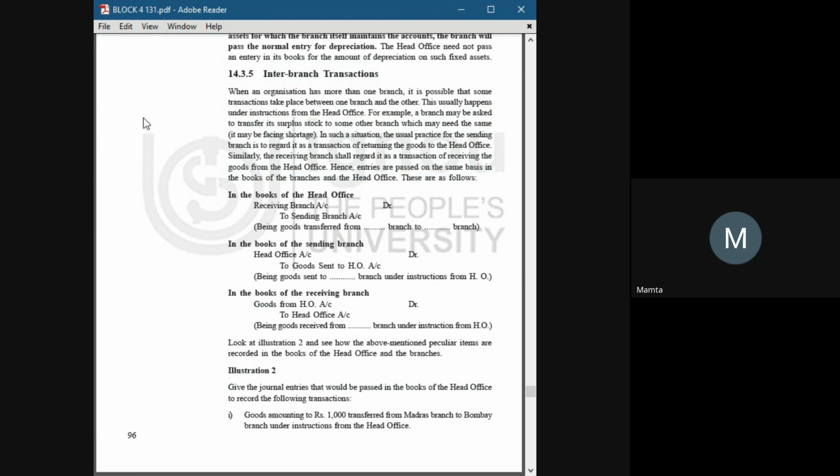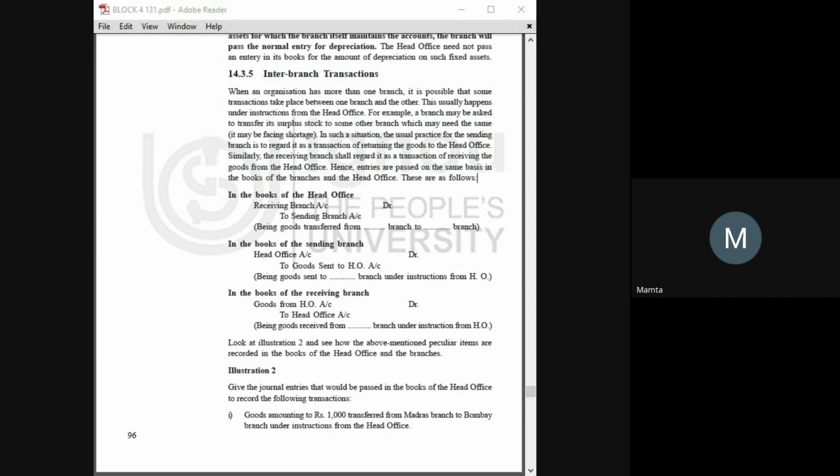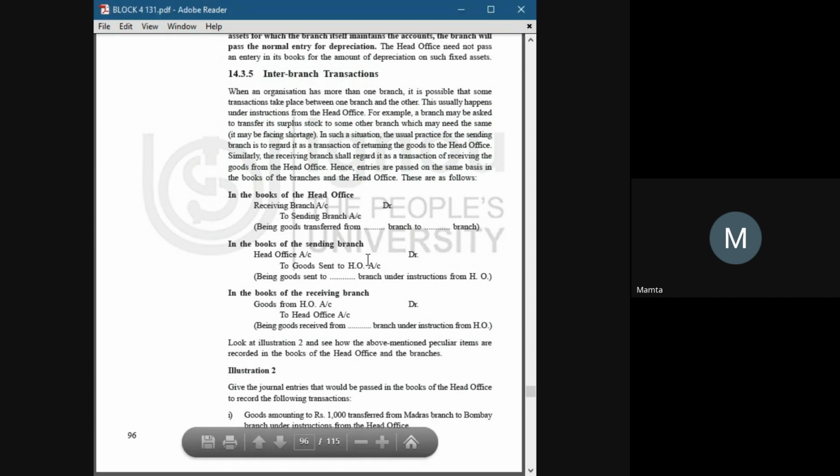So branch A directly sends the goods to branch B, and the entries we pass in our books of account will not mention the branch name, they just pass the entry between branch and head office.